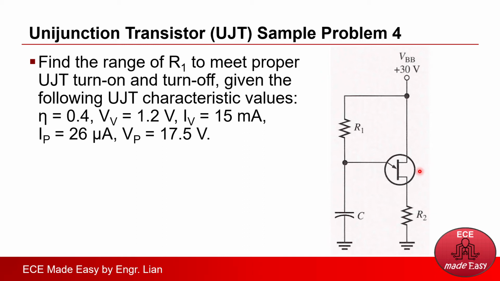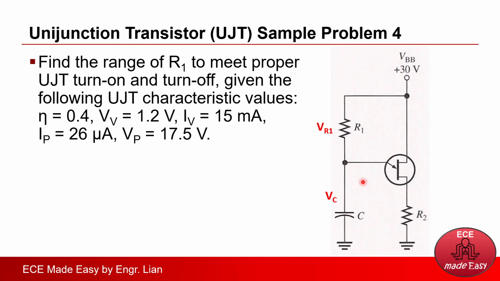Now let's solve. We are concerned with the value of R1. In order to solve for this, we could use KVL from VBB going through R1, where we must determine the value of VR1, and going through the capacitor with the value of VC, or VBB is equal to VR1 plus VC.